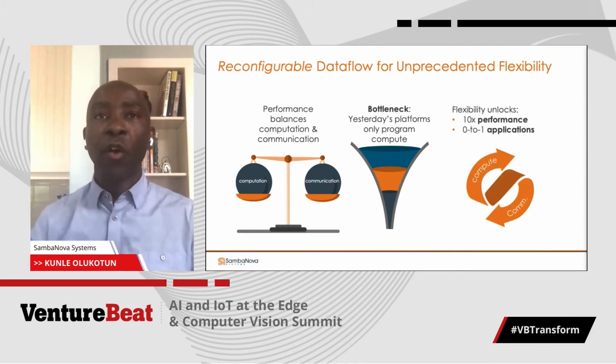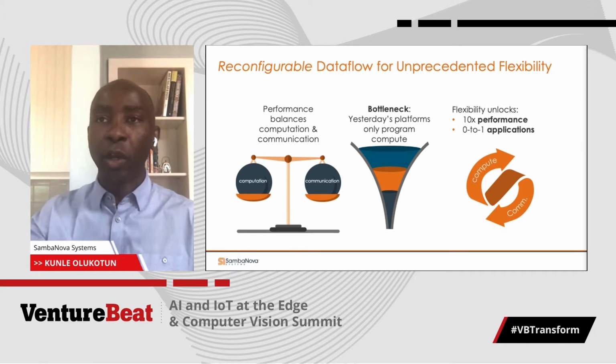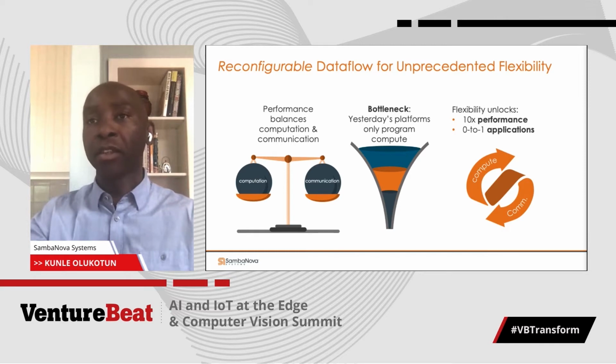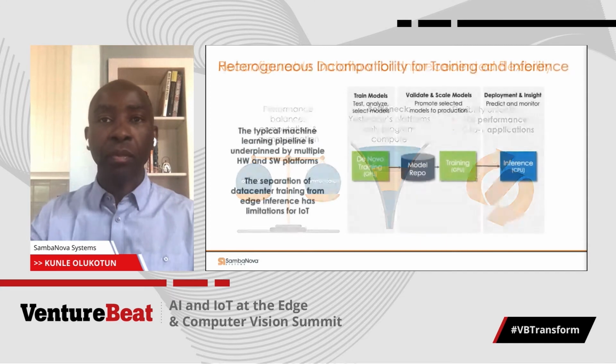But by using a reconfigurable data flow architecture that supports both of these elements of high performance computation efficiently, we can get improvements in both performance and flexibility, and we can make possible the sorts of applications that were not possible before. We call these kinds of transitions 0 to 1 applications. You weren't able to do it with the conventional architecture, the conventional computational infrastructure, but with SambaNova, you can.